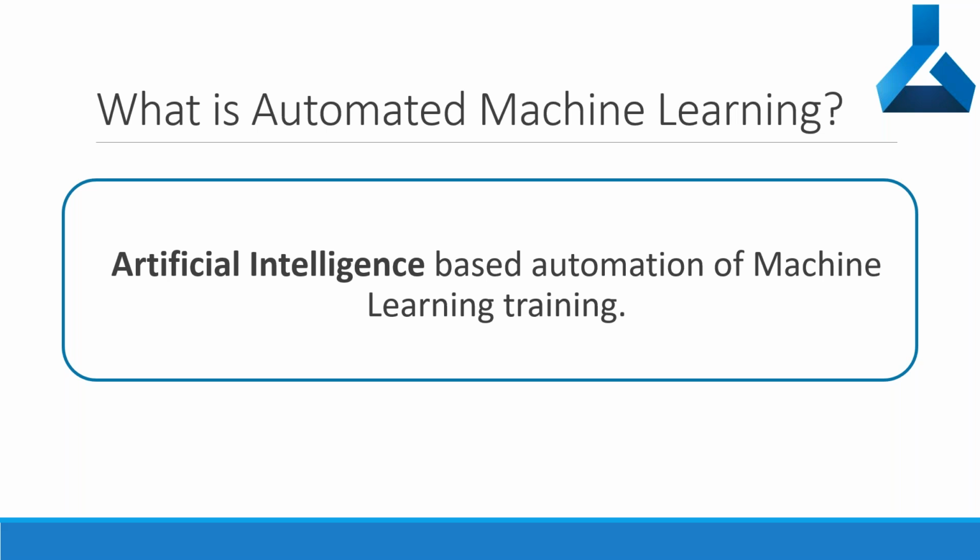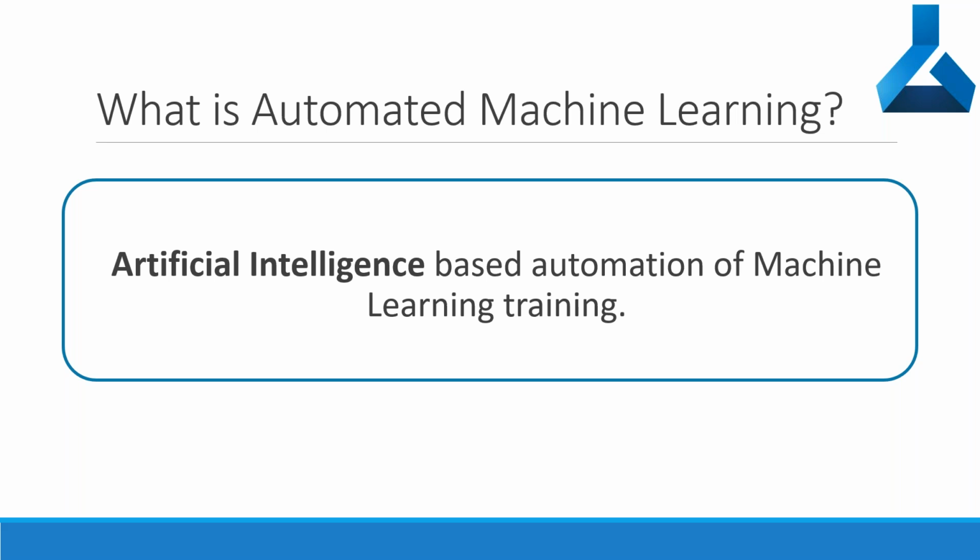So rather than every organization employing their own data scientists and creating their own models for some of these common problems, what Microsoft have done is created automated machine learning. It basically uses the same AI capabilities to automate the machine learning training itself.